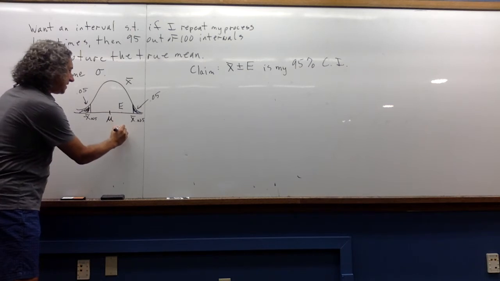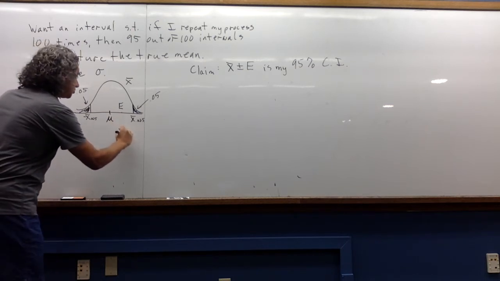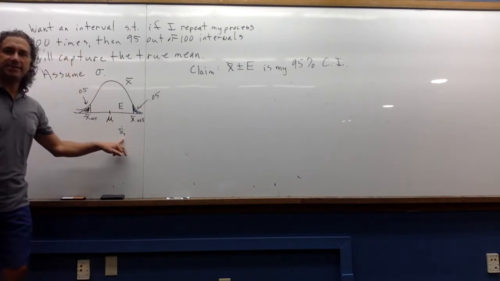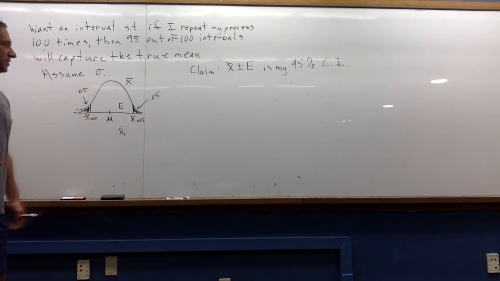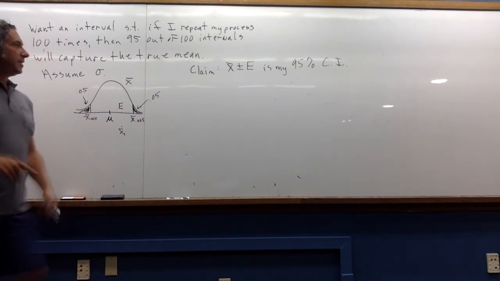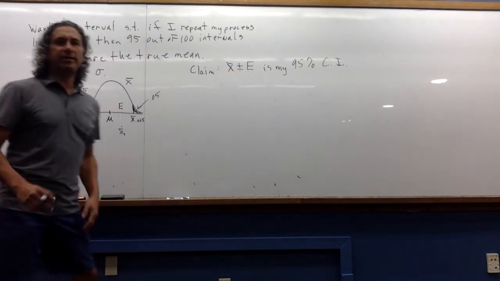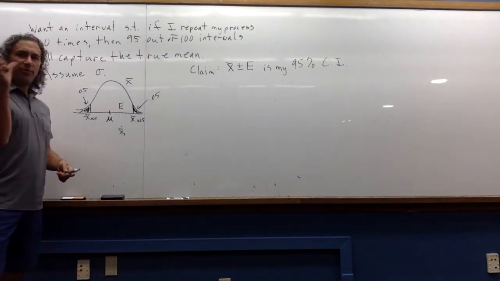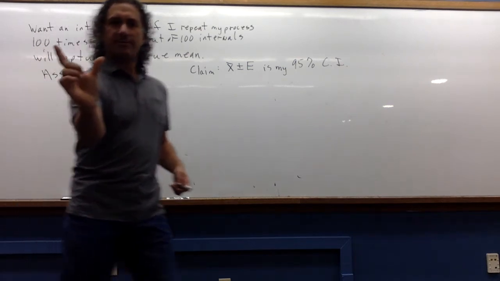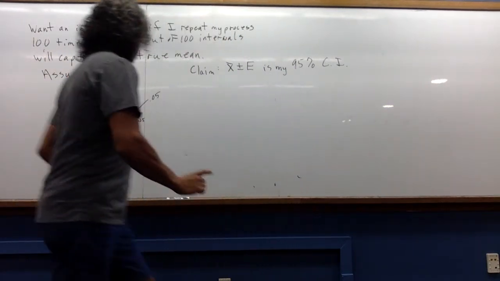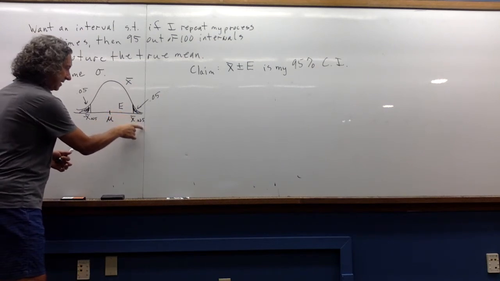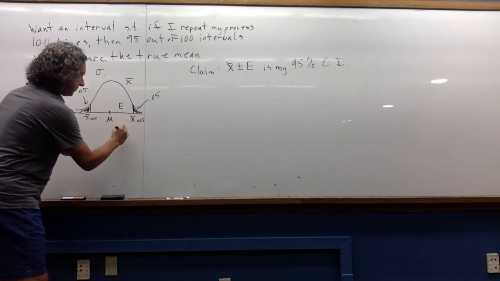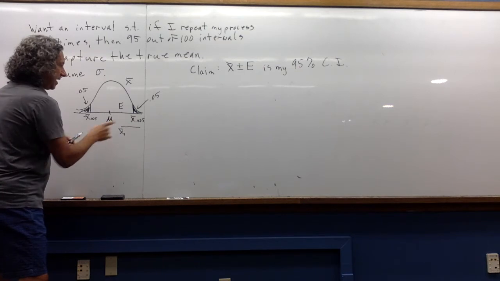Let me drop it down here. I'm going to draw a couple of these, x bar 1, x bar 2, etc. And let me convince you of something. So let me construct x bar plus E, x bar minus E with my fingers. So up to the camera, right there. So this is the distance. I'm going to add it, so the interval goes out here, and I'm going to subtract it.